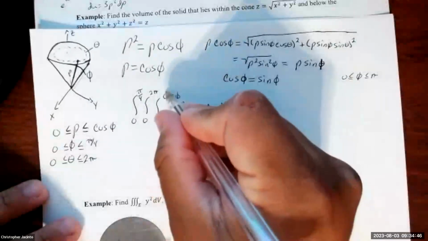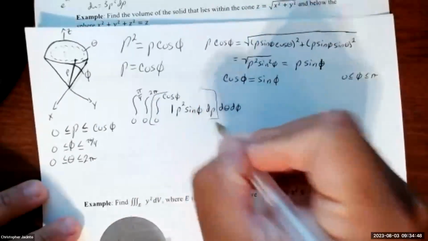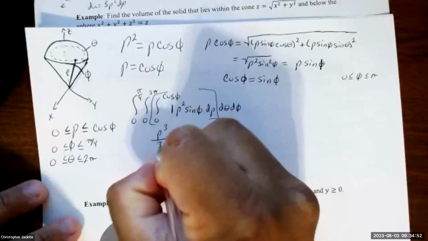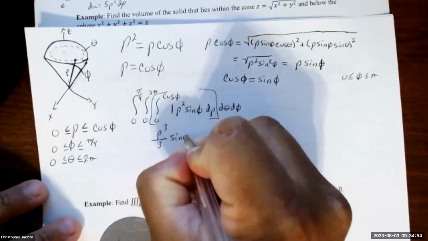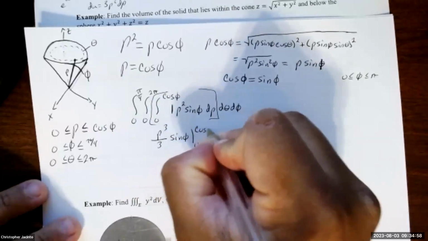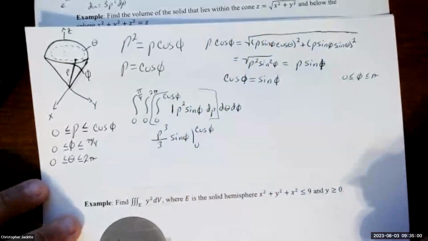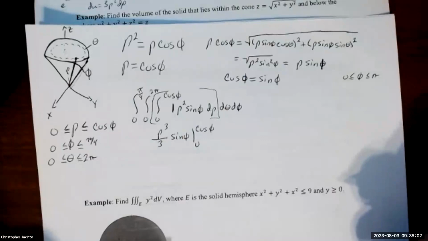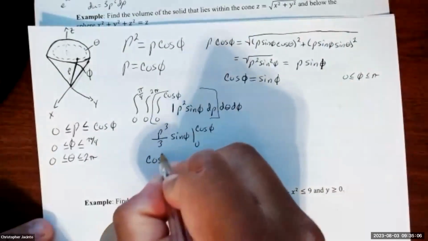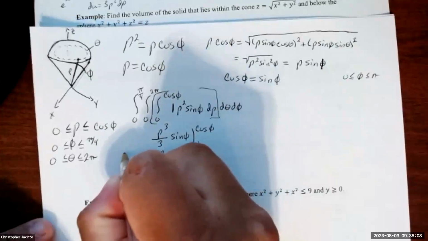So this is just going to be rho cubed over 3, evaluated at 0 and cosine phi. So plug in 0, it goes away, so we just get cosine cubed. I'll put the 1/3 on the outside.